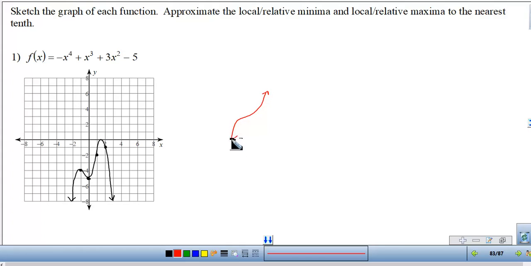This particular graph does not have a maximum or a minimum because I did not have a distinctive change in direction. None of these points here are below this point where we kind of start to see a turn, and so I would not be able to identify a maximum or minimum in this case.